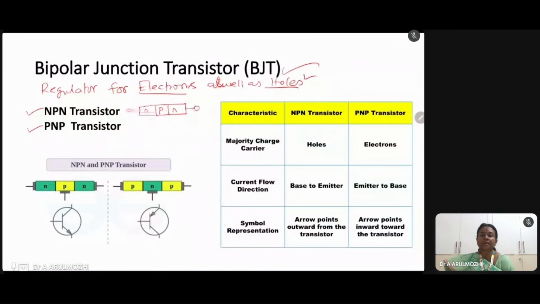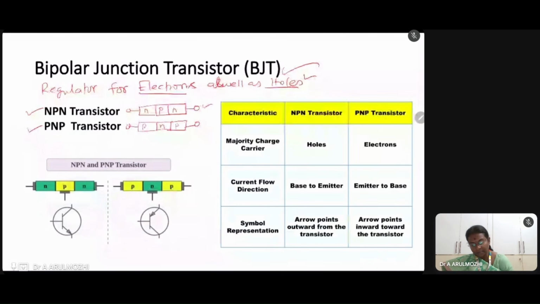The next one is the PNP transistor. For this also, I take the same P and N junction, and on the next side I add P. So it will act as the PNP transistor.